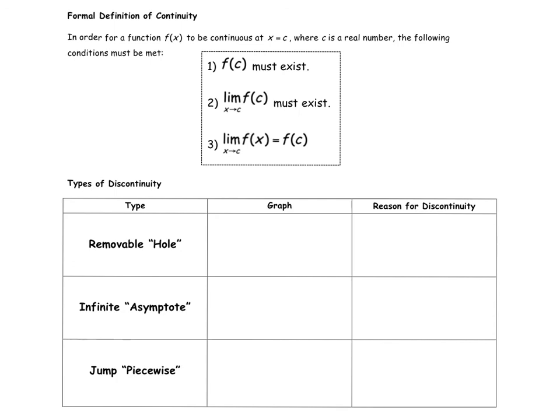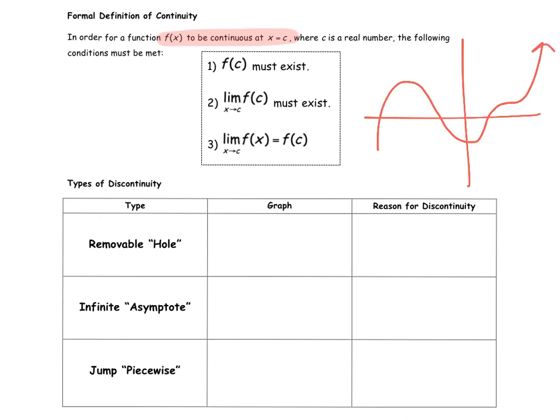So it's important for us to understand the true definition of what it means for something to be continuous. So in order for a function to be continuous at the x value, so let's just say when x equals c, and let me just sketch out for us here. So here is my function, and let's say this is x being c.